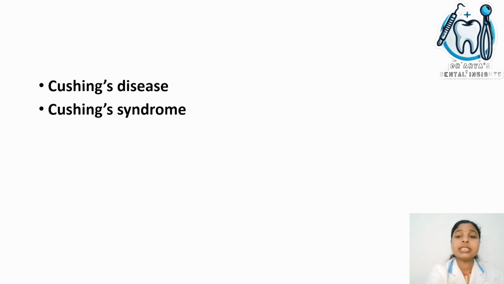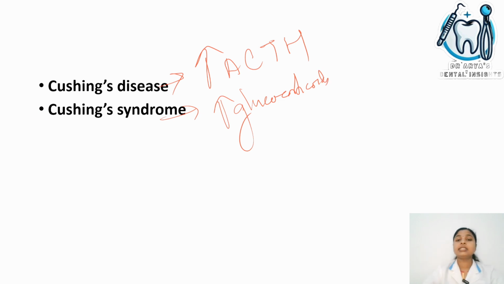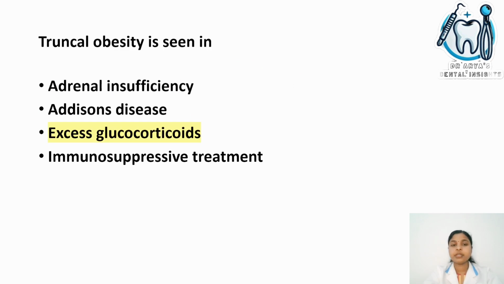And Cushing syndrome is due to the excessive secretion of glucocorticoids of adrenal cortex. So these are the differences between Cushing's disease and Cushing syndrome. So our answer, truncal obesity is seen in excess glucocorticoids, that is Cushing's syndrome.